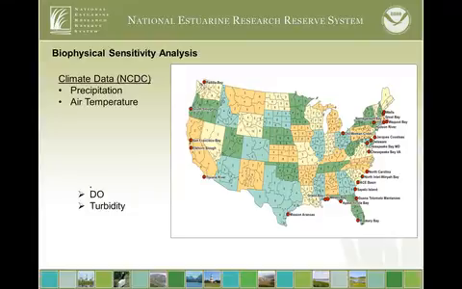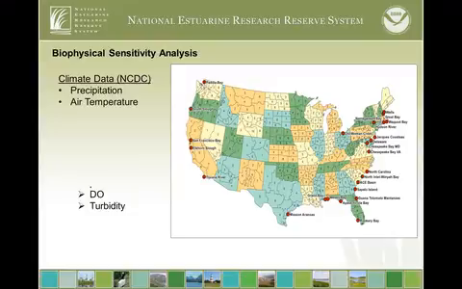This was the long-term climate data set that we used in our overall assessment of climate analysis and the biophysical sensitivity work. We essentially mapped the reserves onto the different climate divisions, and then we were able to get that data from the NCDC to look at the information that we're analyzing.